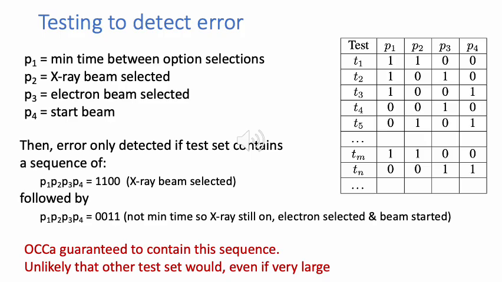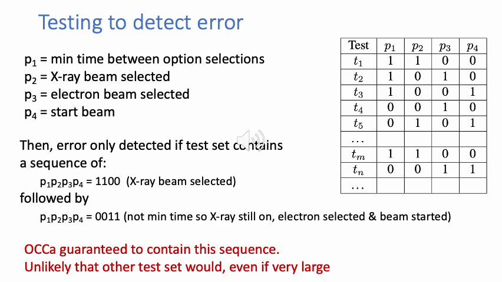P2 represents the X-ray beam, either selected or not selected. Likewise for the third parameter, whether the electron beam is selected or not selected. And then a fourth parameter that is used to indicate the start of whichever beam was selected.